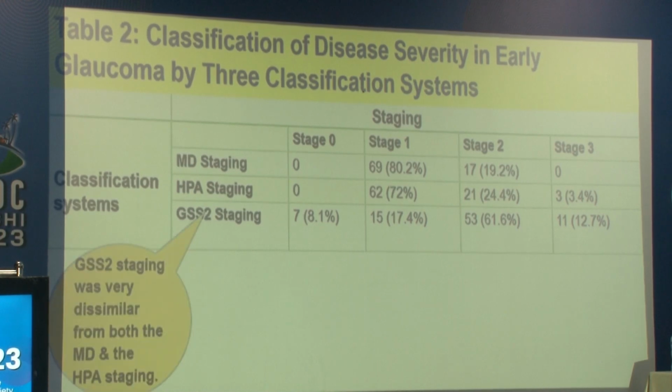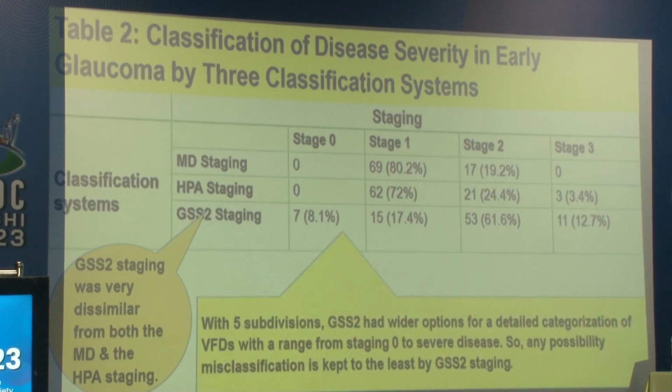However, the GSS2 staging was very dissimilar from both. With 5 subdivisions, GSS2 had wider options for detailed categorization of the visual field defects, with a range from stage 0 to severe disease, so any possibility of misclassification is kept to a minimum by GSS2 staging.